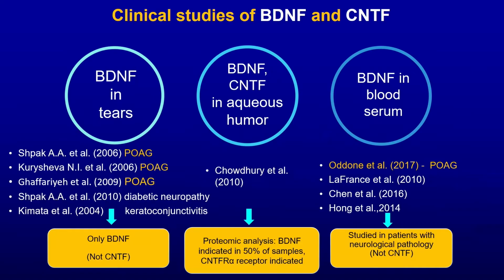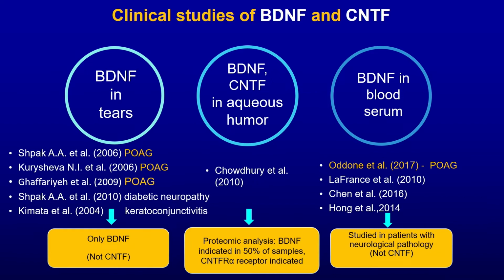So keeping in mind all these factors, to us, it was quite surprising to see that we have no information about the content of the factors in the anterior chamber, in the tear fluid. Speaking about the anterior chamber fluid, it was quite the only publication by Jodhavi et al. that did not identify the factor rates.